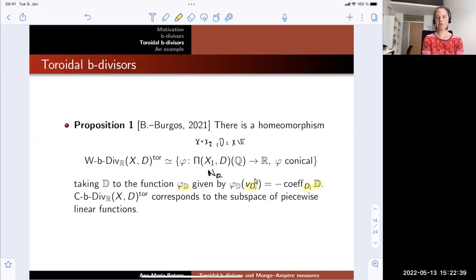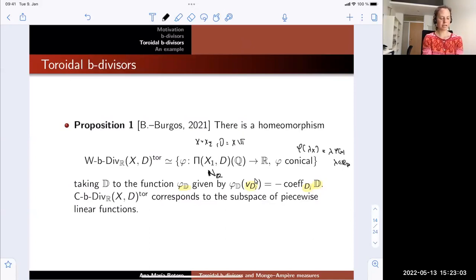So here already you see that this space, also in the toroidal or toric case, is very big: all possible conical functions. Conical just means that phi of lambda x is equal to lambda phi of x for positive real numbers. But these are a lot of functions.